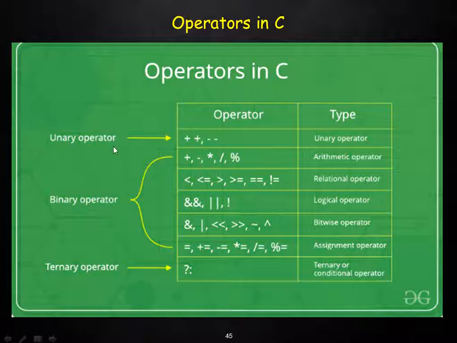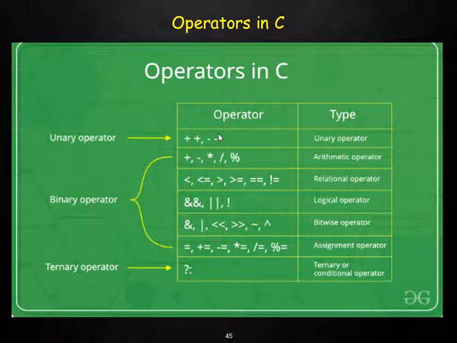Now we call this unary because it deals with only one operand. So you realize that it is x plus plus or variable plus plus, or for example if you take minus minus, it is variable minus minus.